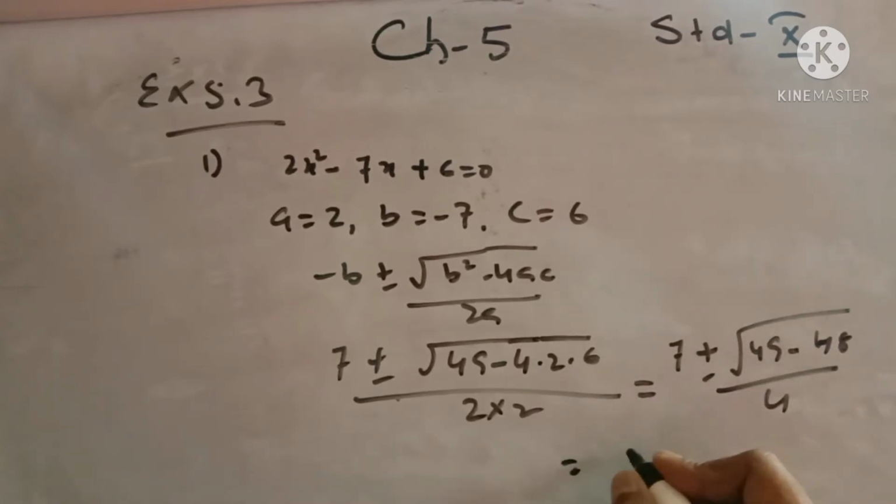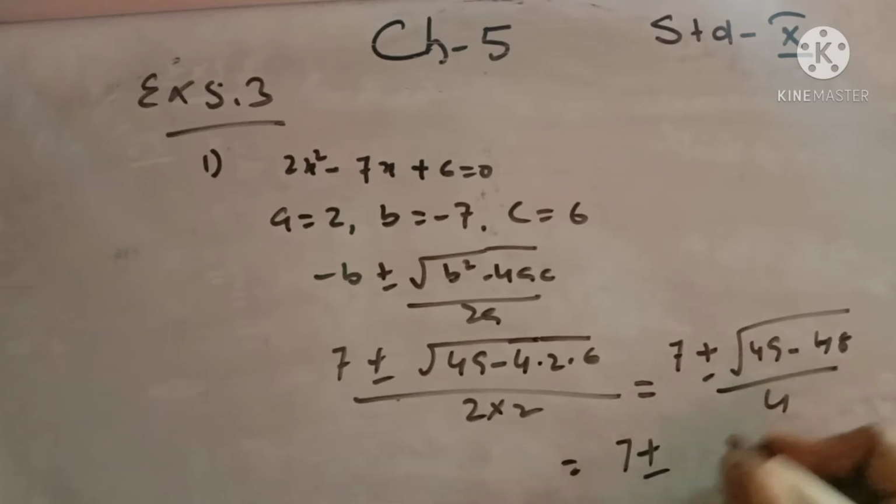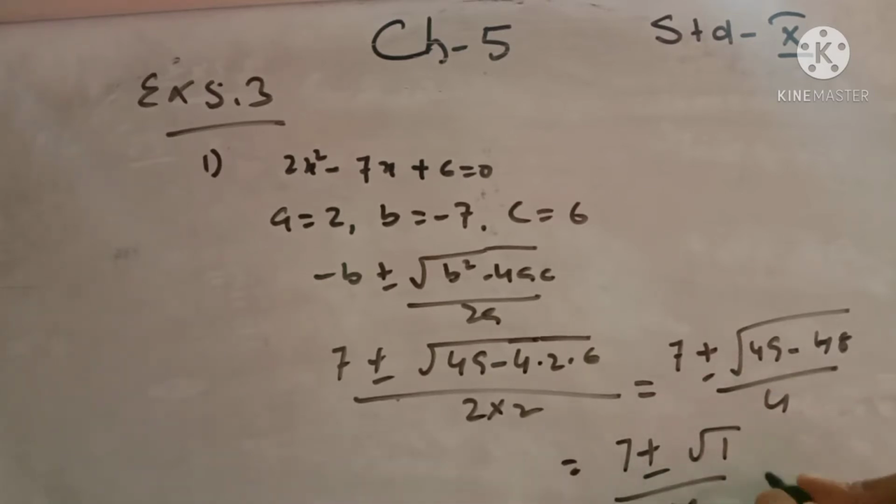So our value will come 7 plus minus under root 1 by 4, equal to 7 plus minus 1 by 4. When 7 plus 1 by 4, that time the value will come what? 8 by 4, that is 2.